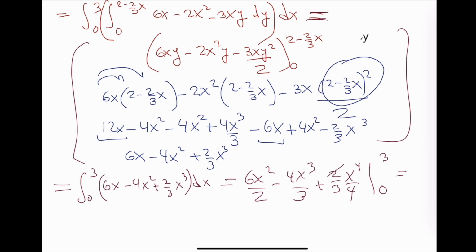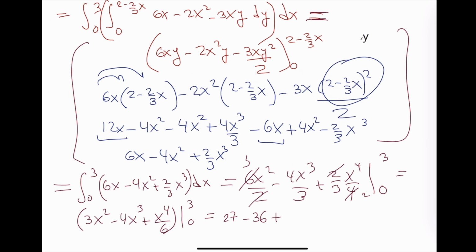So let's simplify here. 2 and 4, we get just a 2 here. 6 and 2, we get a 3 there. And so this is just 3x squared minus 4x cubed plus x to the 4 divided by 6, evaluated between 0 and 3. So we substitute there 3, we have here 3 squared times 3, this is 27, minus 3 cubed times 4, this is 36, and then plus 3 to the 4th power, this is 81 over 6.